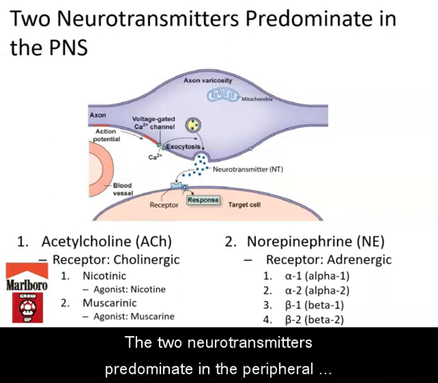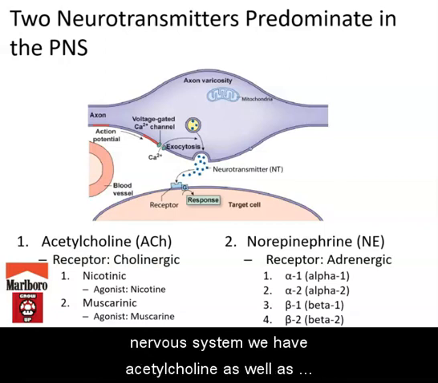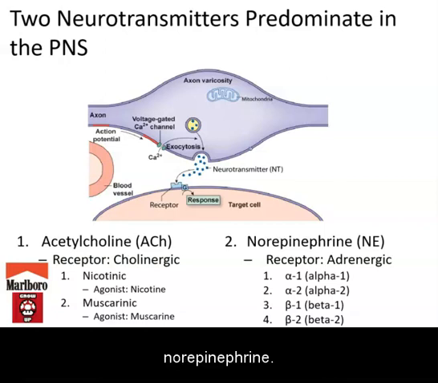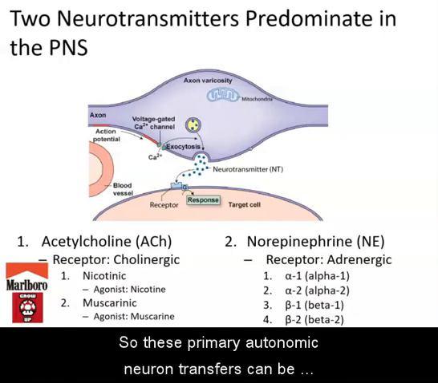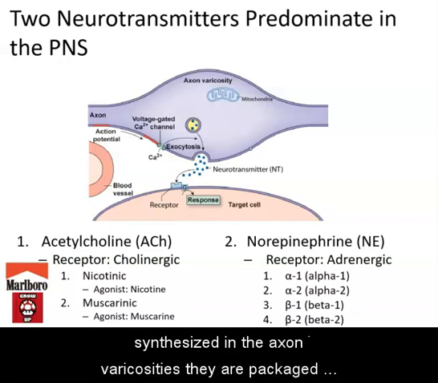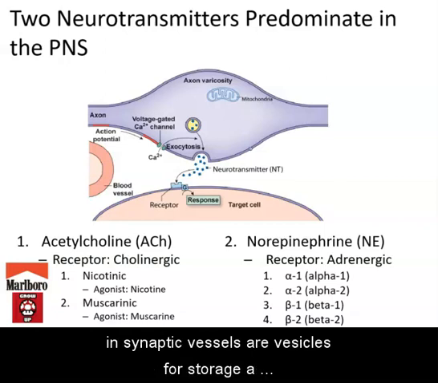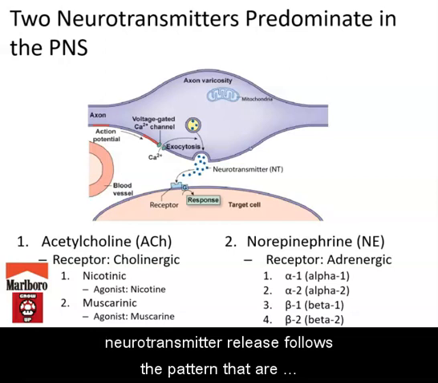So two neurotransmitters predominate in the peripheral nervous system: acetylcholine as well as norepinephrine. These primary autonomic neurotransmitters can be synthesized in the axon varicosities. They are packaged in synaptic vesicles for storage. Neurotransmitter release follows the pattern found in other cells.